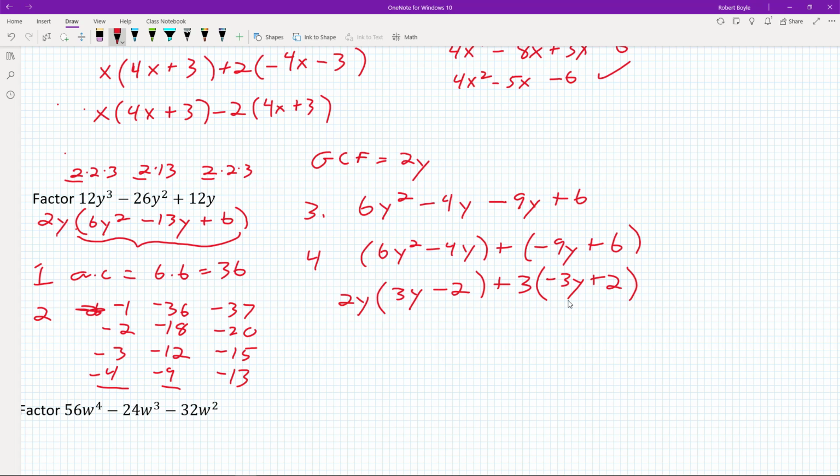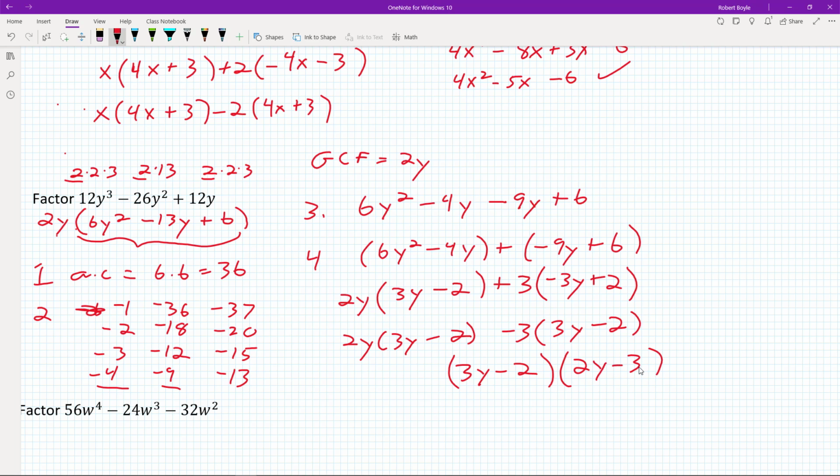So once again, we can factor out a negative 1. That will give us a minus 3 here, and then a 3y minus 2 here. And of course, I can bring this down. Then I can factor out the common binomial term. And if I do, I will have 3y minus 2 times 2y minus 3.